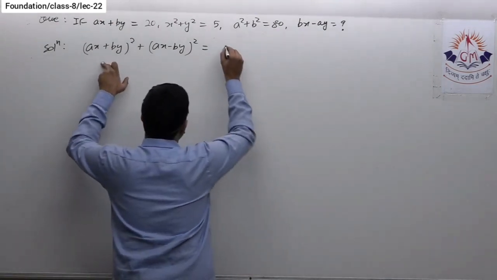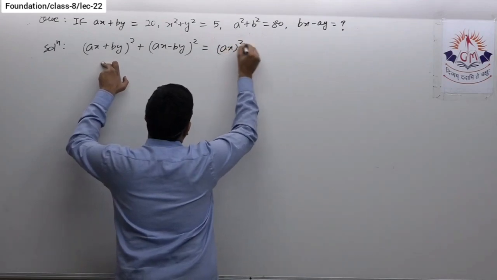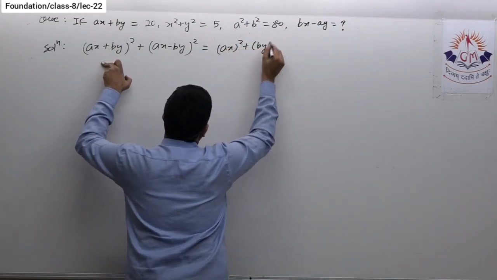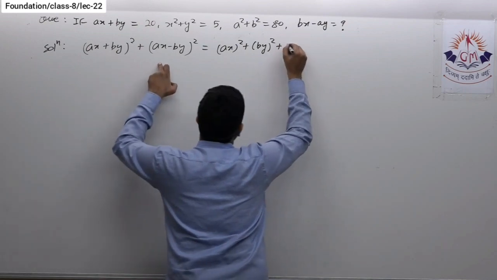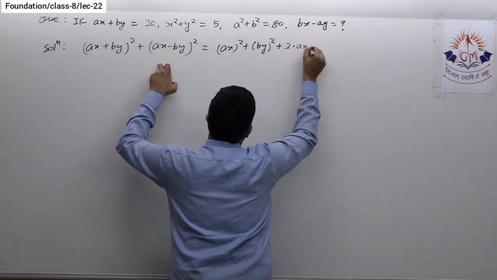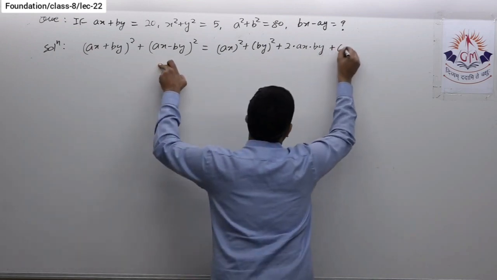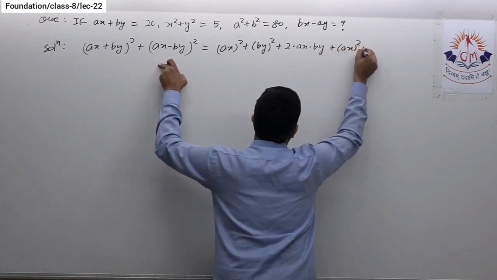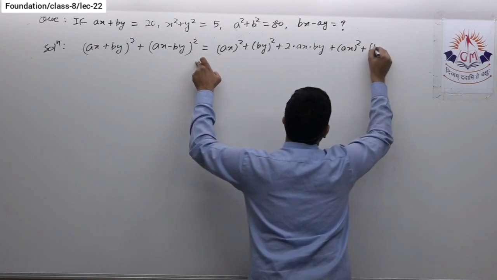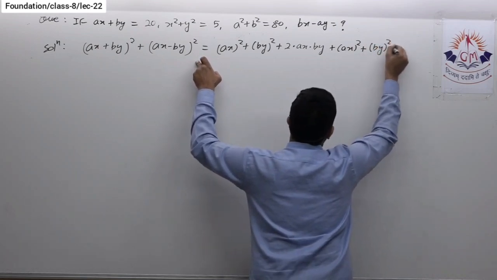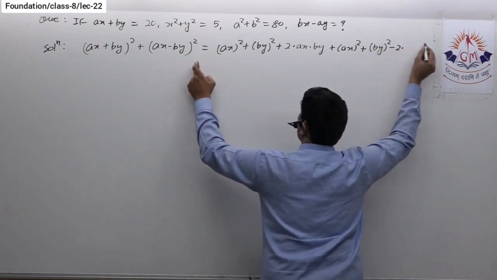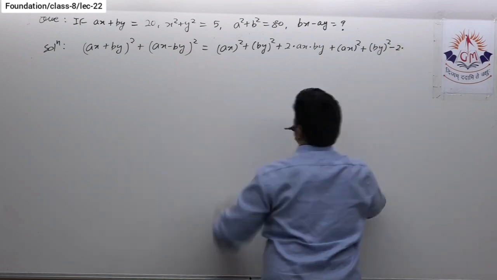So this gives me ax whole square plus by whole square plus 2 into ax into by, and over here ax whole square plus by whole square minus 2 into ax.